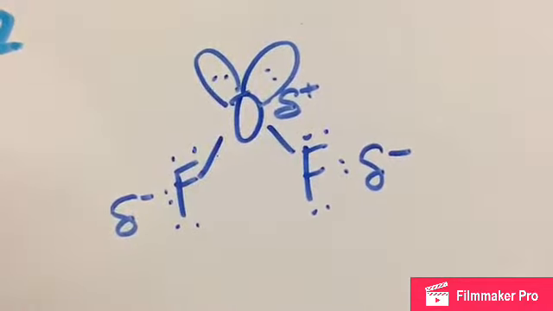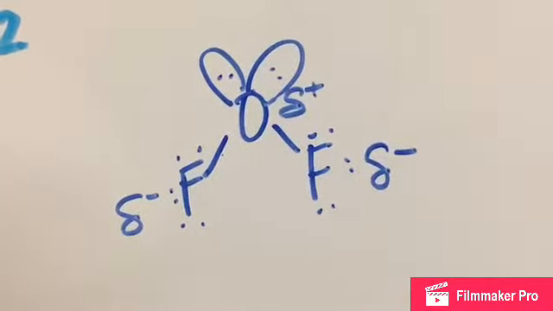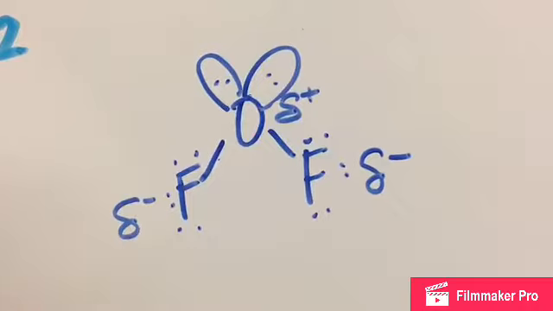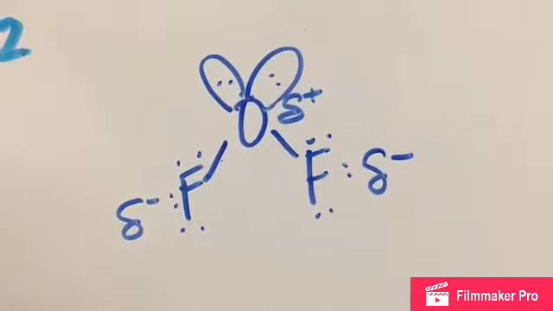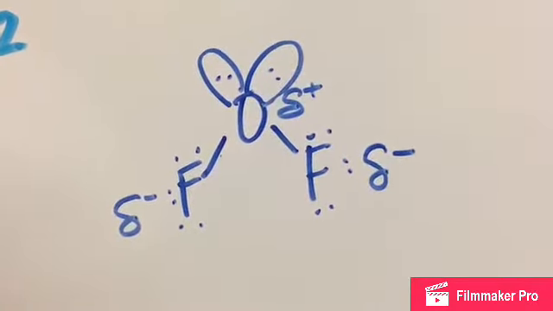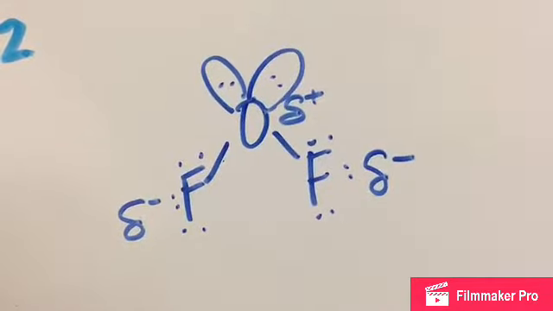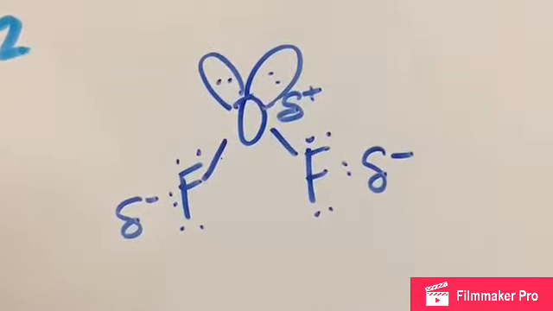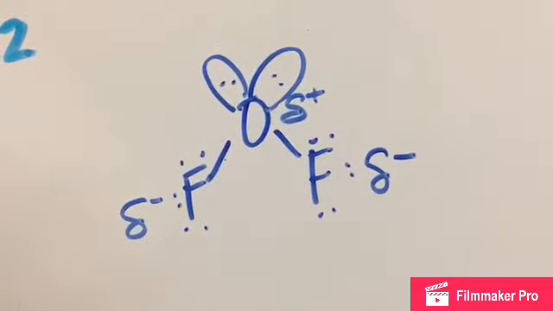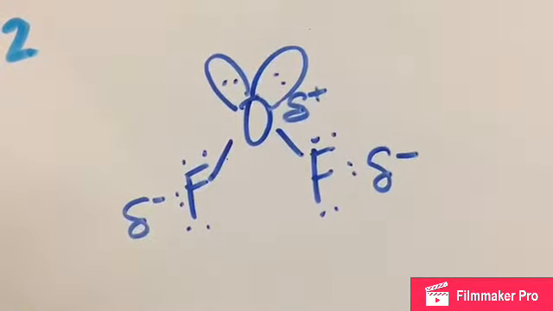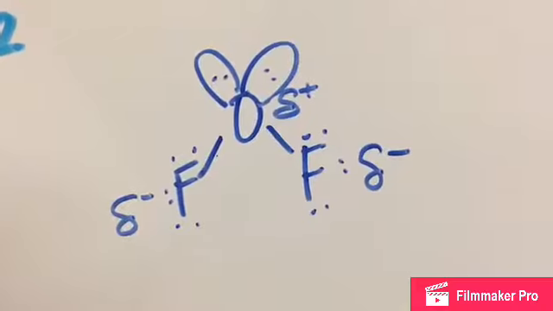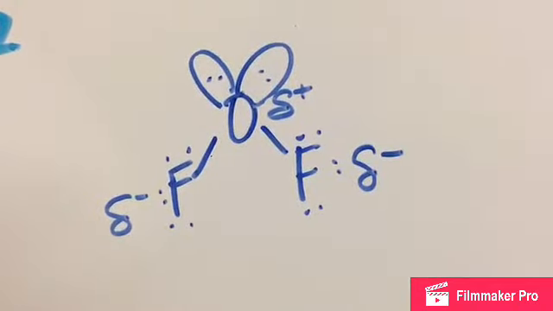Now that we know the geometry, let's take a look at the partial charges. Fluorine is the most electronegative atom, so it will have a partial negative charge. The O atom is less electronegative, so it will have a partial positive charge. So the electrons will drift towards the more electronegative atom, which is the fluorine atom.